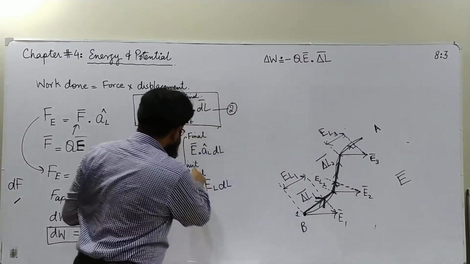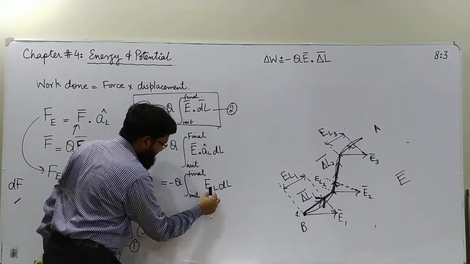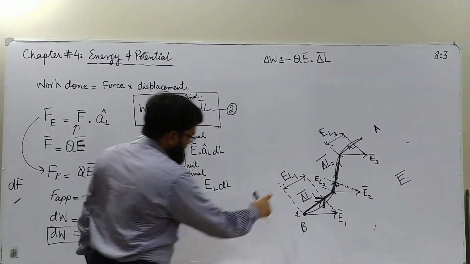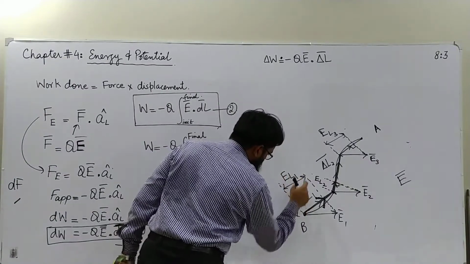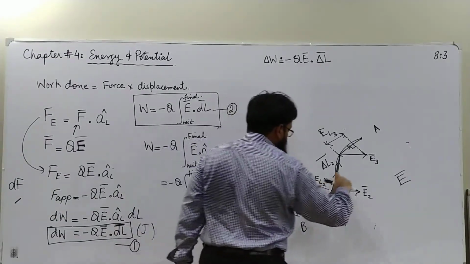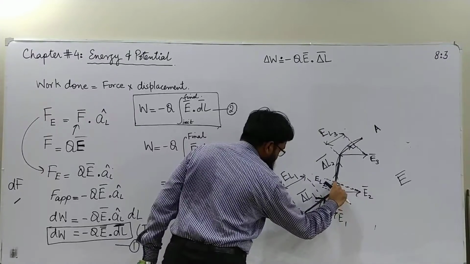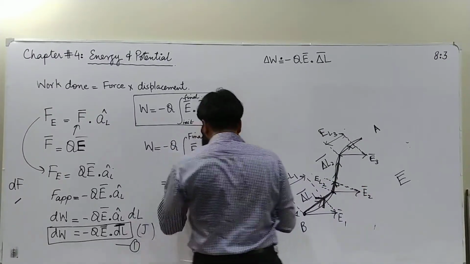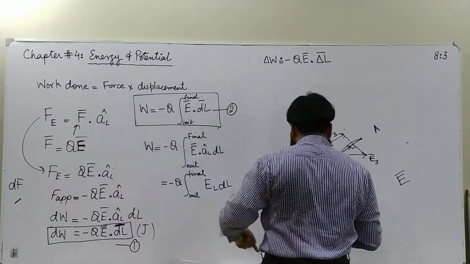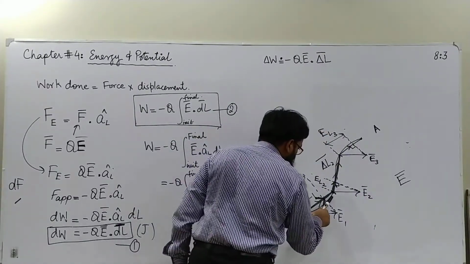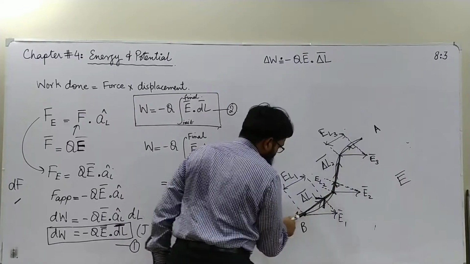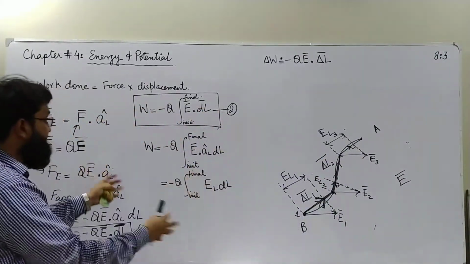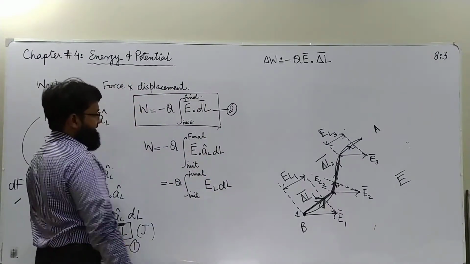Remember that evaluating this product will give us a scalar, so we are getting the scalar components only. Take this component EL1 and multiply it by delta L1. Then take this component EL2 and multiply it by delta L2. So instead of proceeding along this curve, we are proceeding in straight segments just to get the physical sense of what this line integral is telling us.